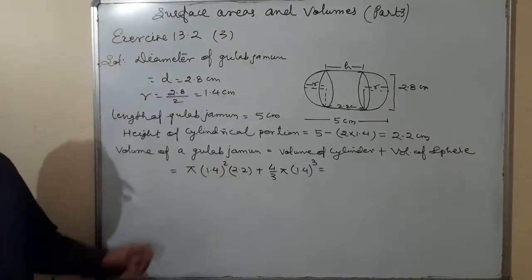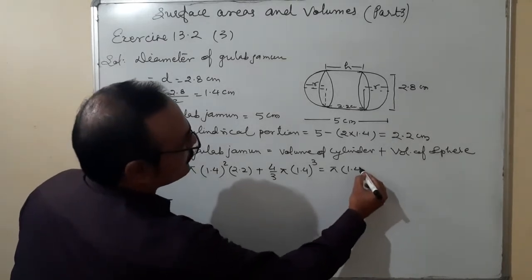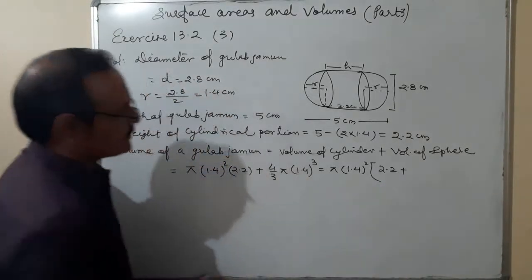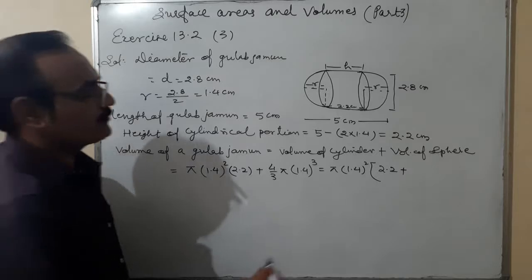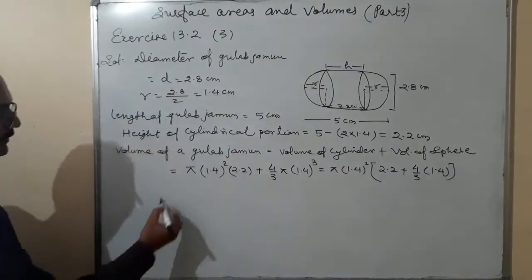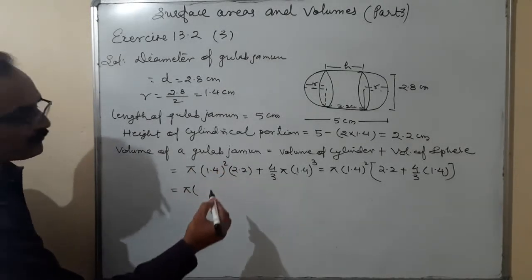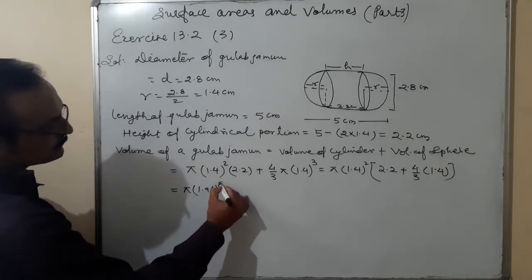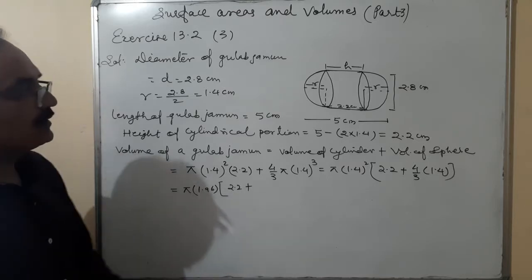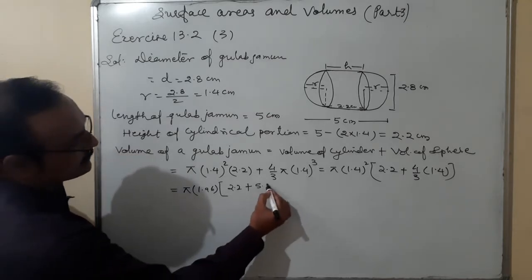Is anything common from it? Yes, pi is common and 1.4 whole square is common. So I'll write here pi 1.4 whole square common, here 2.2 plus 4 upon 3 into 1.4. That means pi 1.4 whole square, 1.4 into 1.4 is 1.96, that is 2.2 plus 5.6 upon 3.